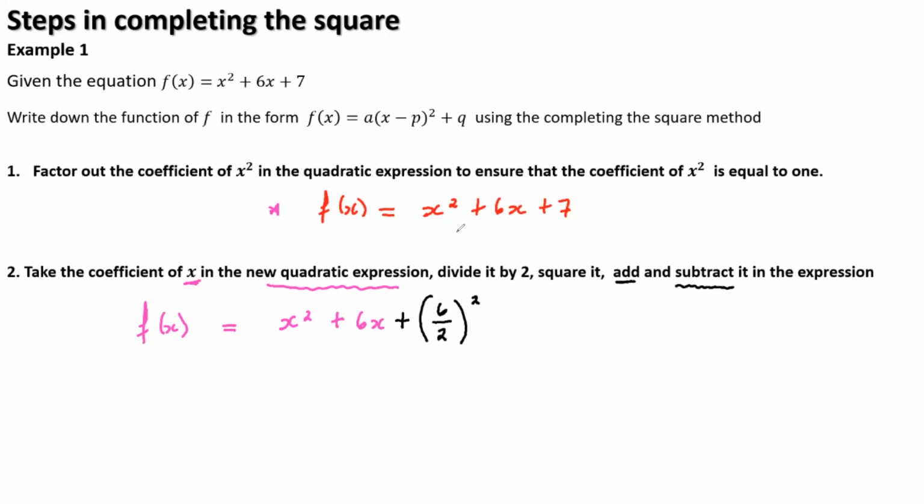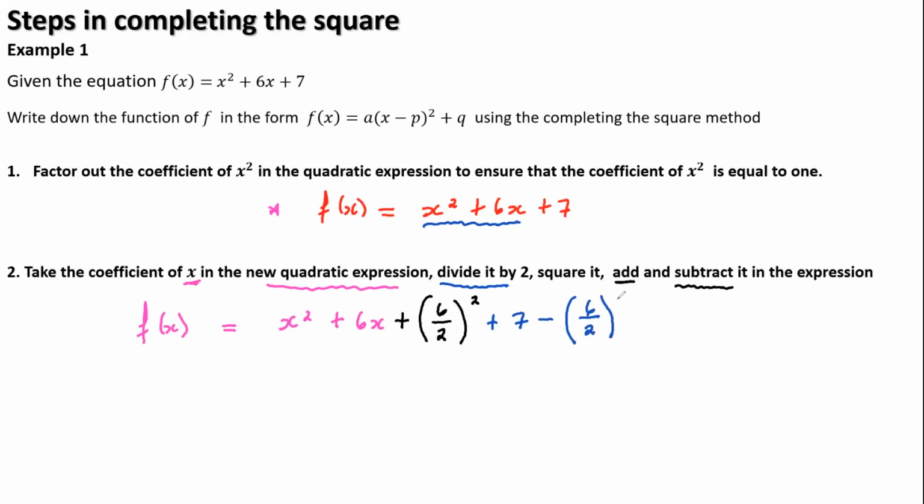So my expression so far is x squared plus 6x. Then I added the coefficient of x, 6, divided by 2 squared. Then I'm going to write plus 7. Then it says, and subtract it. Minus who? The coefficient of x, which is 6, divided by 2, then square it.